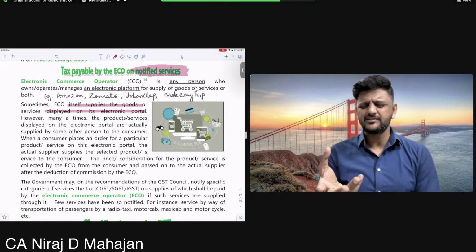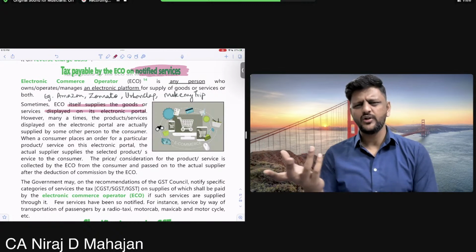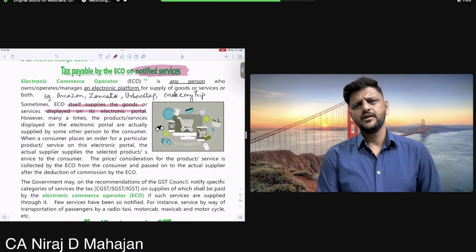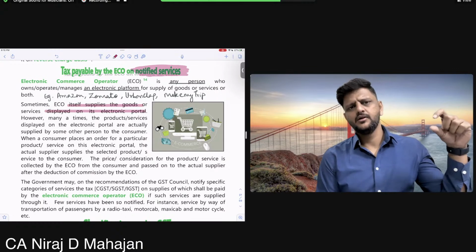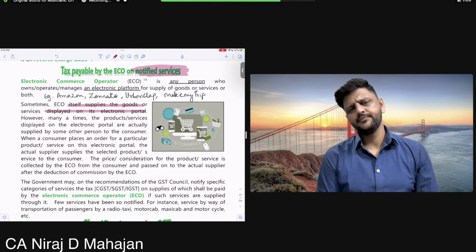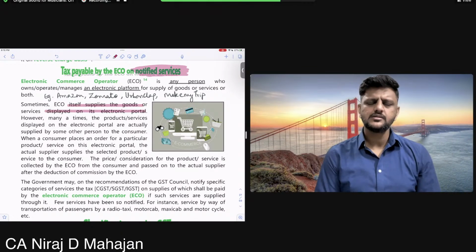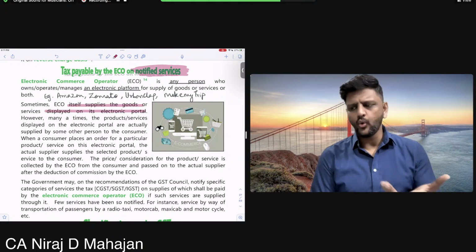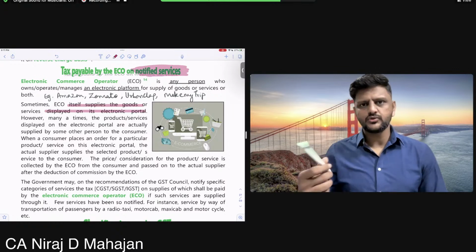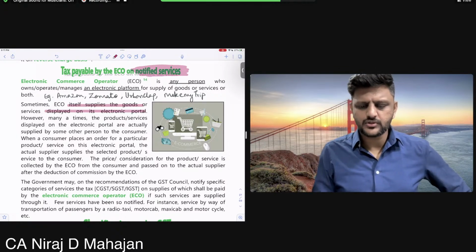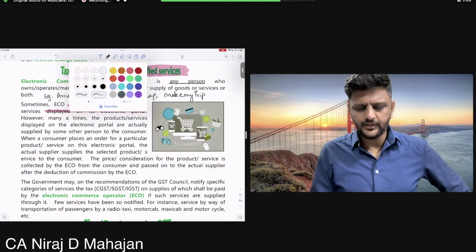They made some brand, Solimo or something, and then they write down Amazon Basics or Amazon brand. Understood? Anyway, the ECO operator or owner can also sell themselves directly on the platform. Clear?